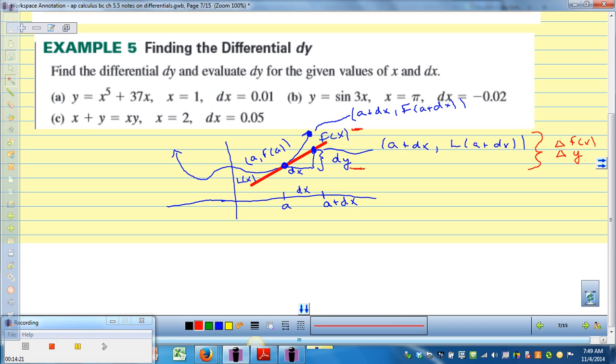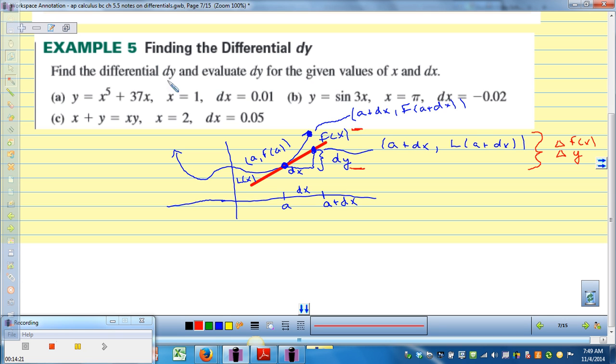So that is the difference between delta y, which we've done ever since we started algebra, change in y would be y2 minus y1, versus dy, which would be the change in y on the tangent. So that's a geometric or a graphical look at what we'll be finding in these problems. Okay? All right.